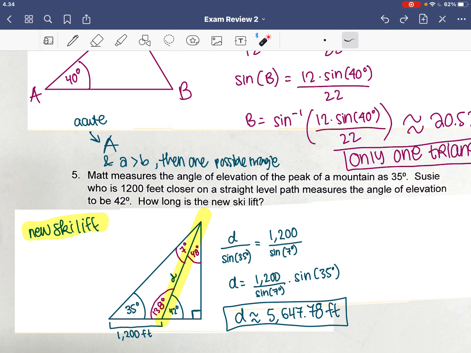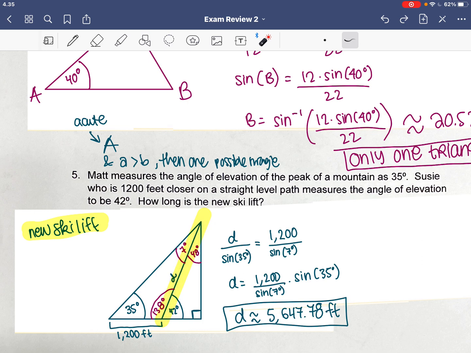And it says Susie, who is 1,200 feet closer on a straight level path. So this was 1,200. So Susie is here. Measures the angle of elevation. Again, from Susie's standpoint, this is 42 degrees. So we need to know how long is the new ski lift. Okay, the ski lift is actually this.